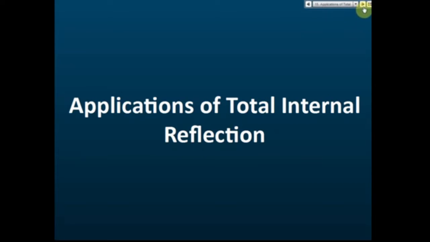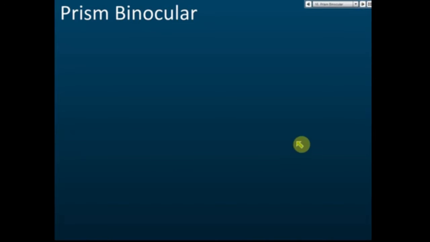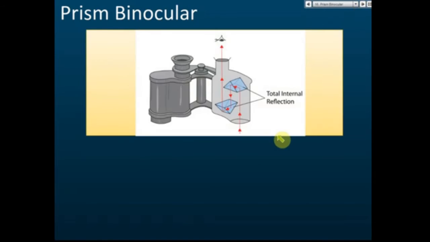Applications of total internal reflection. Prism binocular. If you want to use a binocular to enlarge something which is very far away, then you need two pieces of lens.